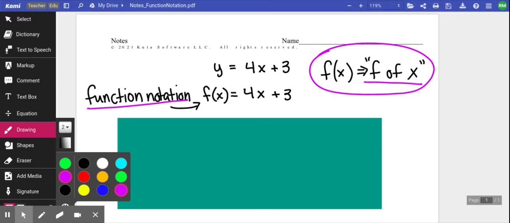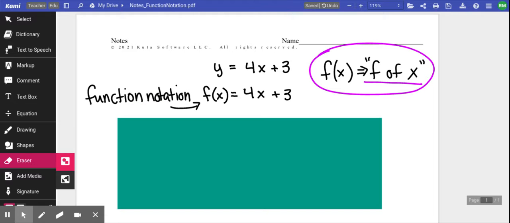Instead of a y, we could use this function notation. But there's nothing different between the two. Okay? But this is how we'll start to see our functions. It'll make more sense here in a second how we're going to use them. Okay. Questions so far?